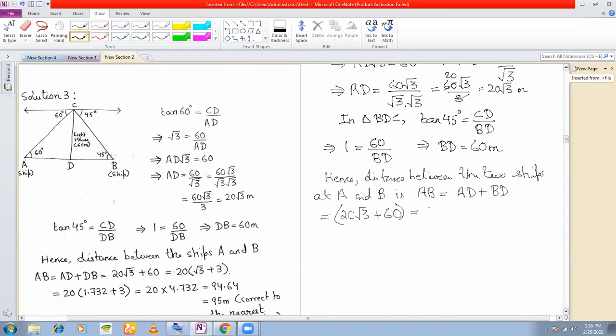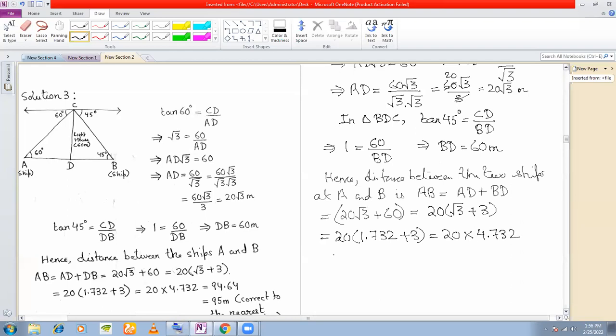What you do is you can take out 20 common to get root 3 plus 3, right? 20, and you know the value of root 3 as 1.732 plus 3. So you get 20 into, now you can add these two, 3 plus 1.732 will give you 4.732.